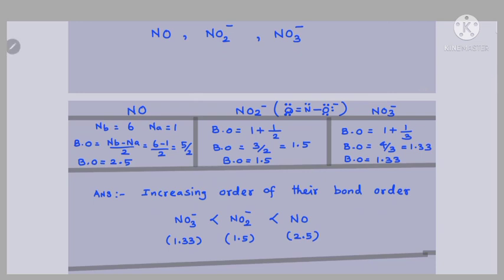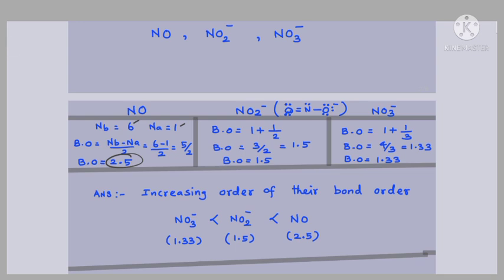This is based on the number of electrons in bonding molecular orbitals and anti-bonding. In the nitrogen monoxide molecule, the number of electrons present in bonding molecular orbitals is 6, anti-bonding 1. So the formula is Nb minus Na by 2, 6 minus 1 by 2, 5 by 2. So I am getting 2.5. That's the bond order of nitrogen monoxide or nitric oxide.